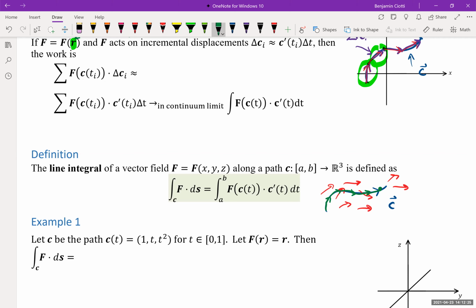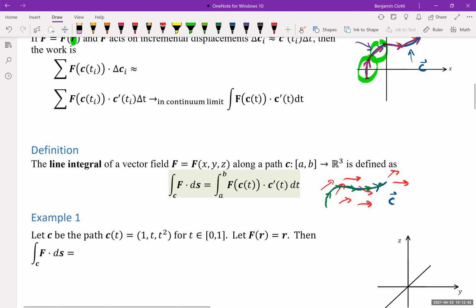And well, that integral sum is this expression right here. So let's just do an example, and this will probably make a bit more sense.